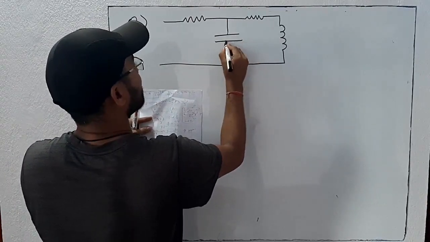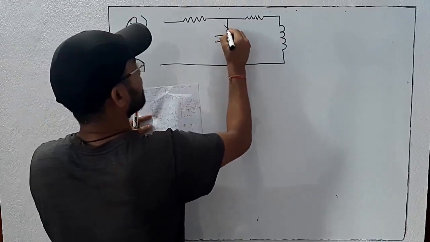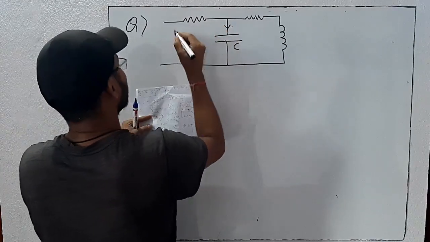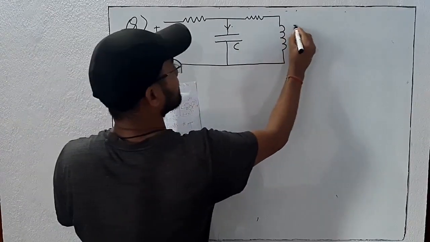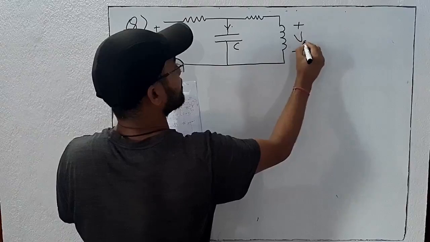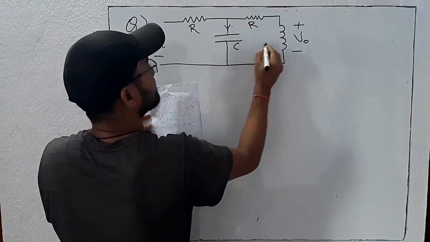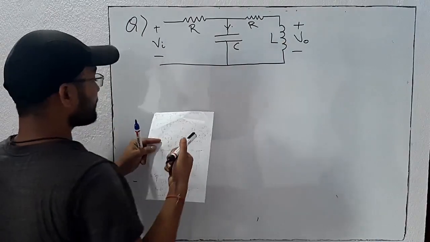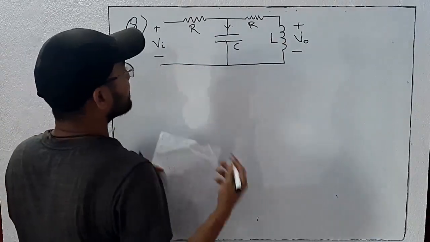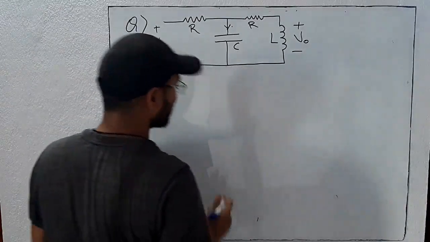You can also solve this question in your notebook before me and you can match. So here is the input voltage, here is the output voltage, this is resistance R, this is C, and this is inductor L. We have to represent this electrical system as a signal flow graph.